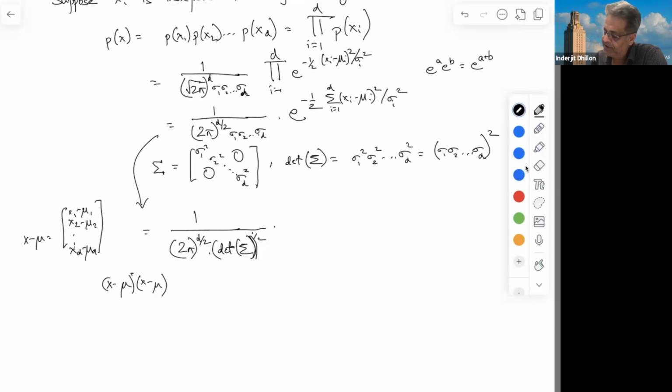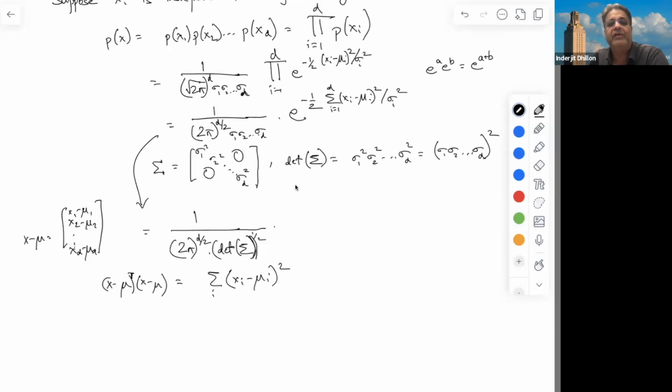So if I write x minus mu transpose times x minus mu, you can see it's going to be the sum of the squares, so the summation over i of xi minus mu i squared.